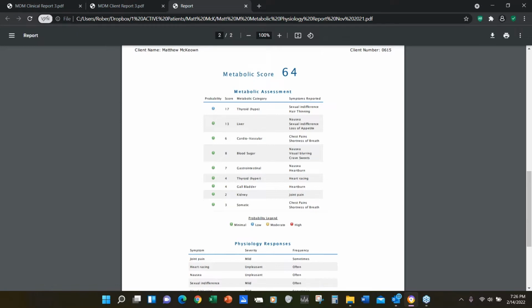I think Michael really hit the nail on the head, though, in terms of why we put it in here. These are potential confounds to neurofeedback, and we want to identify them. We're not saying this is a diagnosis, but we're saying you have a lot of symptoms in these areas.